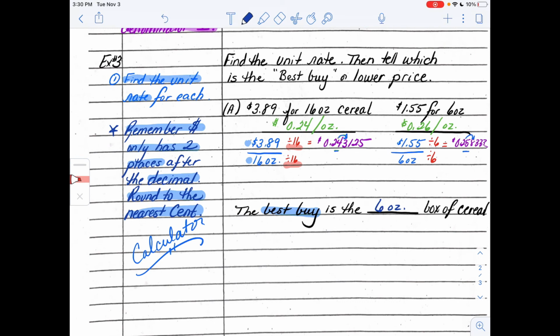That one is, what am I doing? Come on, guys. It's the 16 ounce box of cereal. This is the one that saves me money. I save 2 cents for every ounce if I buy that one. So it is the 16 ounce. I was just checking to see if you were paying attention. 16 ounce box of cereal is my best buy.